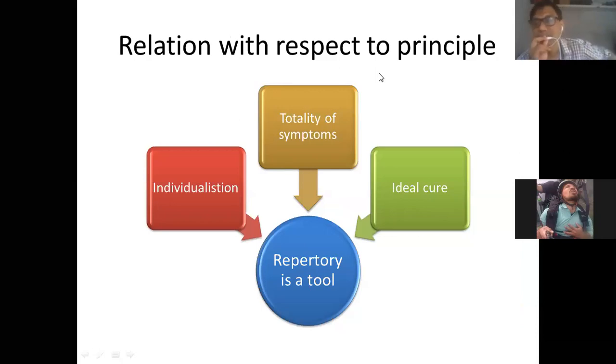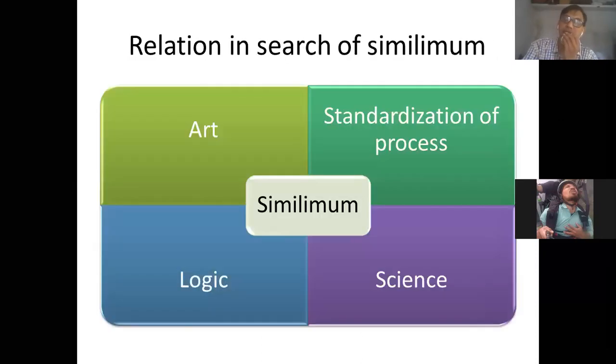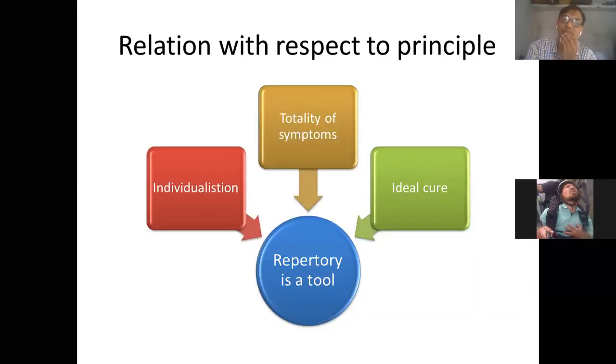Because this ideal cure should be on the basis of easily comprehensible principles, and how these principles are easily understandable and can be easily applied by each and every homeopathic physician, irrespective of whether he is a beginner or experienced, is only possible because of the various repertories which are practically giving meaning to these easily comprehensible principles.